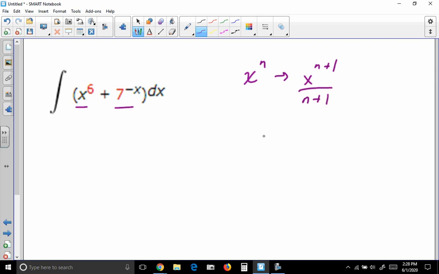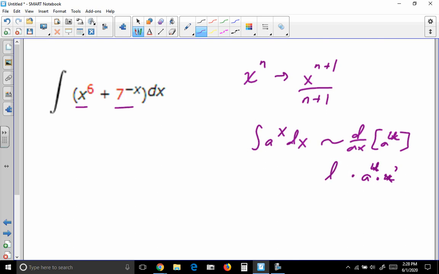When we integrate a to the x, that's related to the derivative of a to the x. When we take the derivative of a to the x, remember that's a to the x times x prime, or if that's a u, it's a to the u times u prime times natural log of the base.